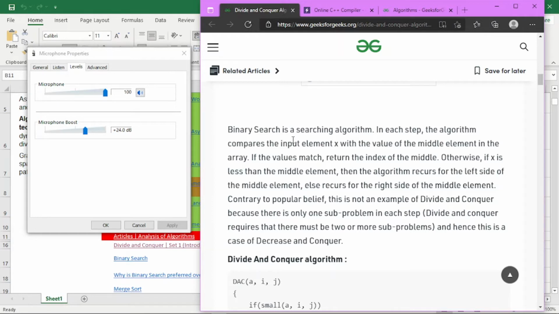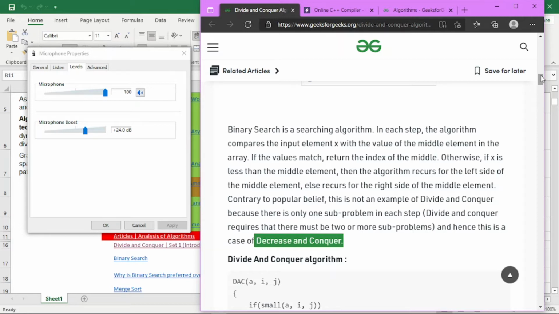But this does not qualify as divide and conquer, because it is more of a decrease and conquer type of algorithm, because we are decreasing the size of the array. But in real divide and conquer, we do not decrease the size of the array, but we search in the smaller sub array.